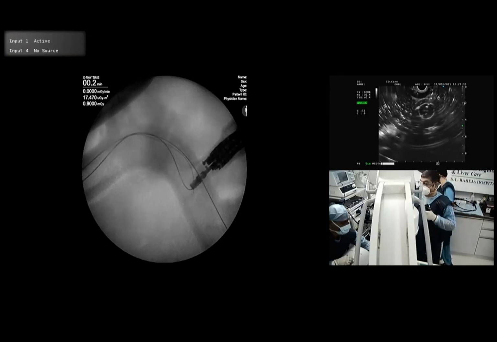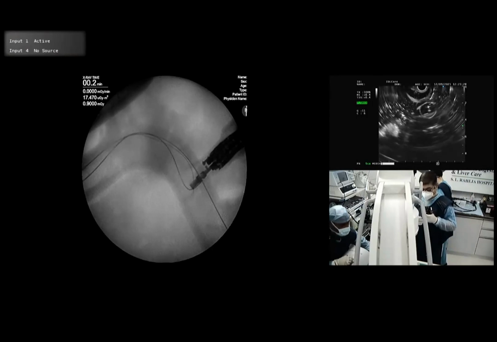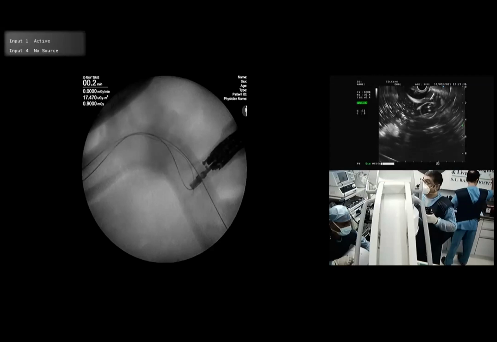Now, a third puncture. This is a needle. Let me see if this is coming in the right direction. Get a good direction.